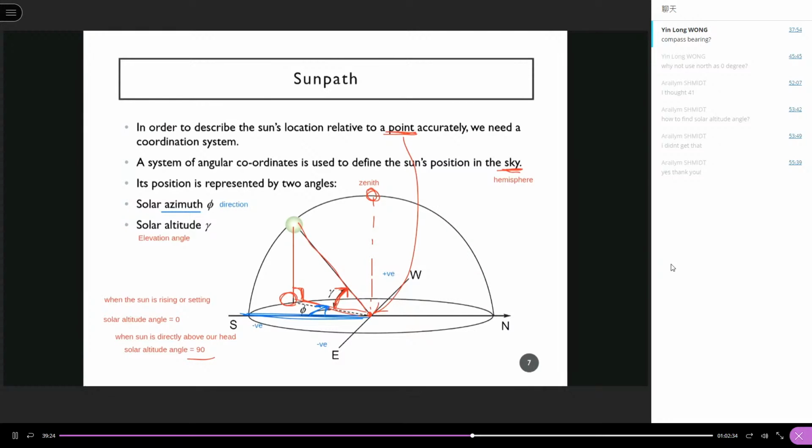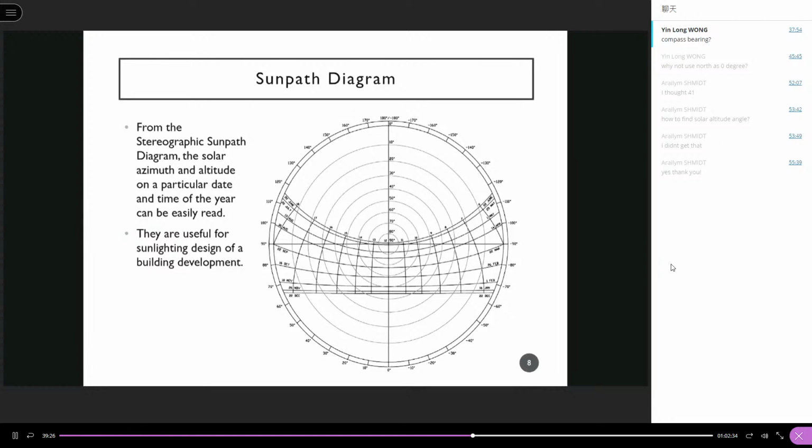All right, so next we have the sunpath diagram. This is a very interesting diagram to me, because from this diagram I can tell when is the sunrise, when is the sunset in Hong Kong. This is a sunpath diagram especially for a location of 22.3 degrees north.